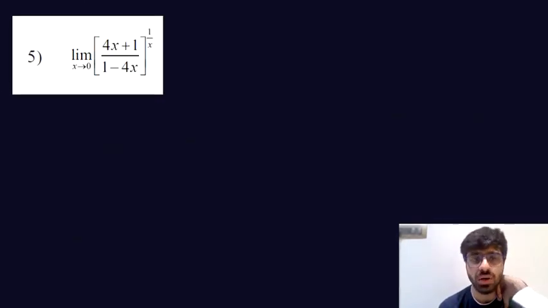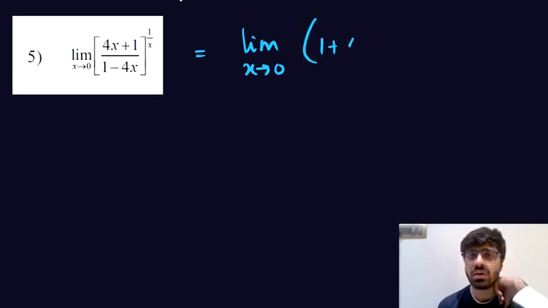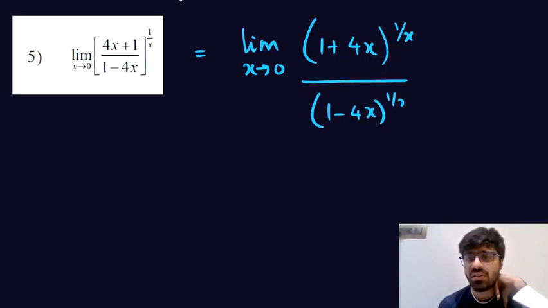Moving on with the fifth one. We have this as limit of x tends to 0. Split the power. So we have the first numerator. We have the numerator as 4x plus 1, which is like 1 plus 4x only, divided by 1 upon x. In the denominator you have 1 minus 4x power 1 upon x. Split the limit.